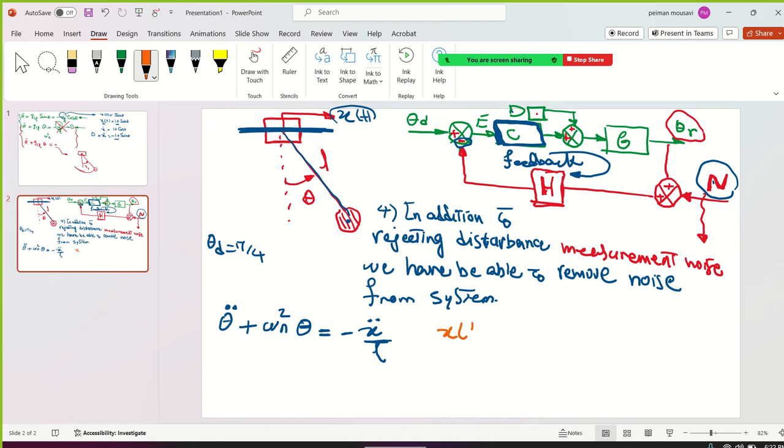And I say the disturbance to the base of this pendulum is this value. Do any of you know what this is? Yes, impulse. The gentleman said it.